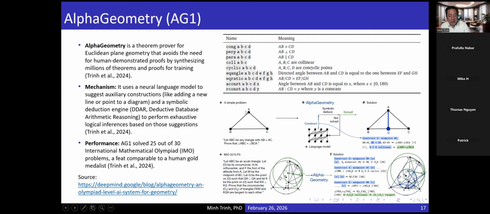Let's say you have a triangle A, B, and C. Then you insert a new point E, for instance in the middle of A and C, or you draw a new line, or a new circle. It's a new construction, which they call auxiliary construction. And very often to solve geometrical problems, you need this auxiliary construction.